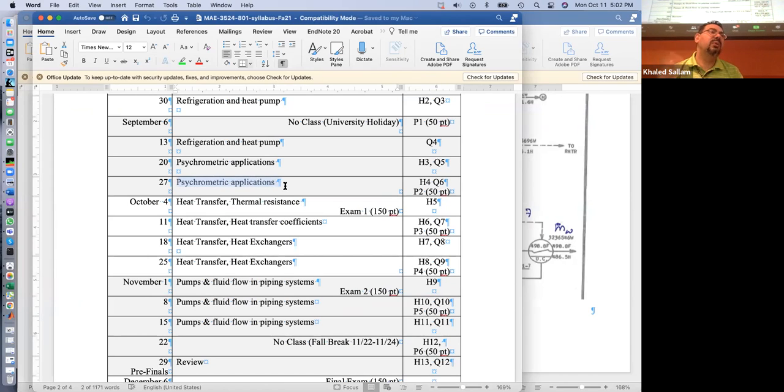This exam was all mechanical vapor compression and Rankine cycle, right? So I would say the second exam is basically psychrometrics and heat transfer.